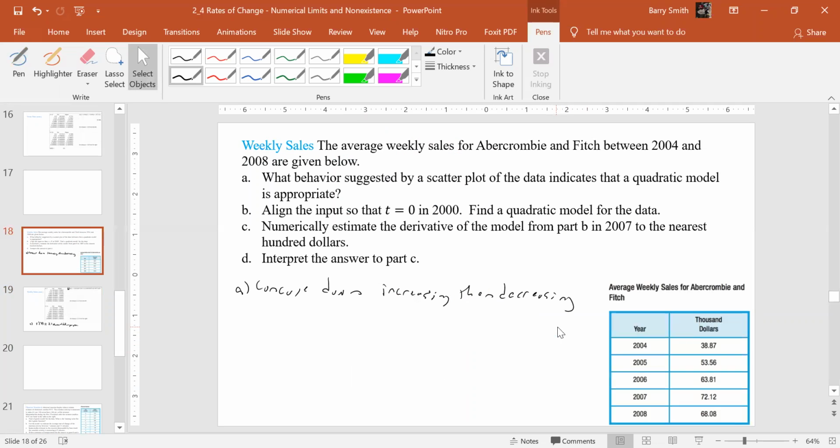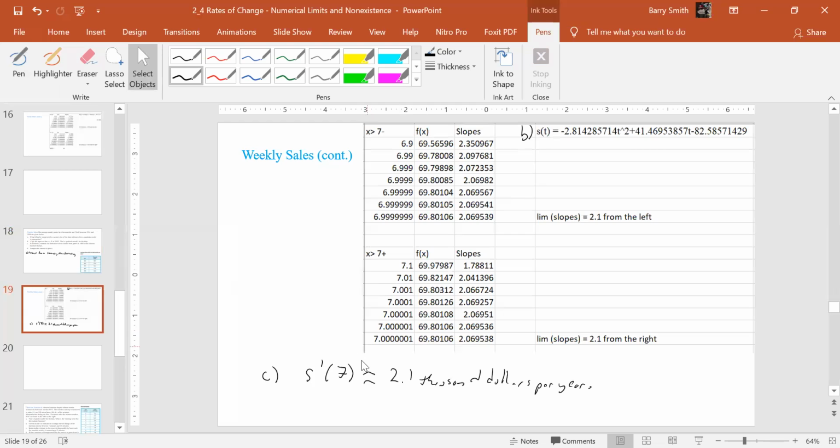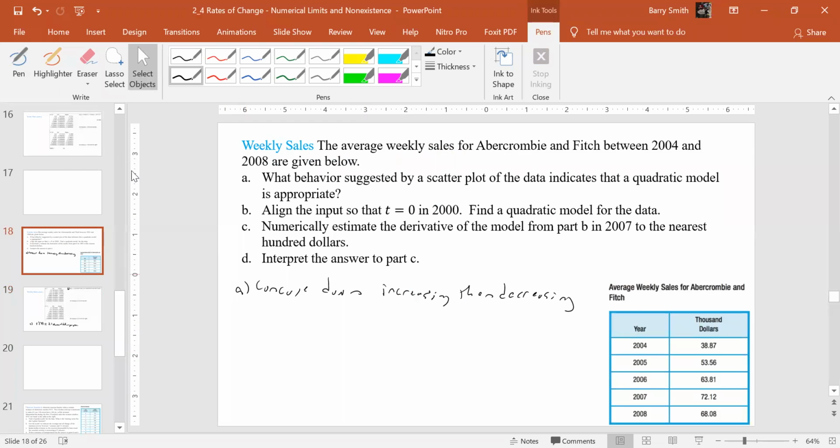And D, I think there was a D: interpret the answer to part C. Maybe we should do D over here so we can have more room to write.